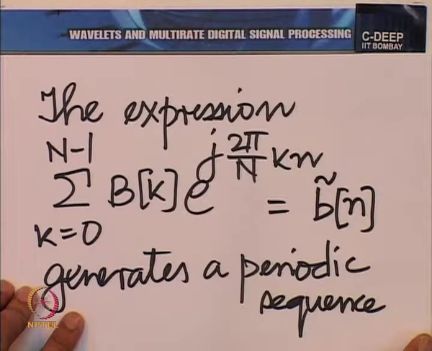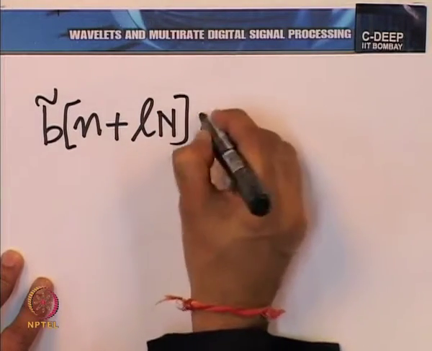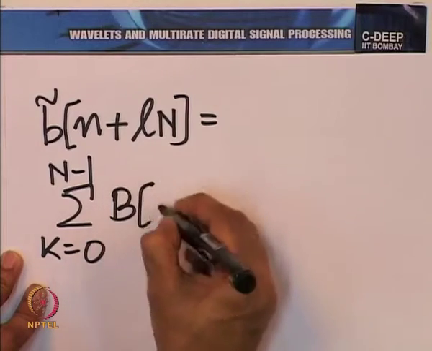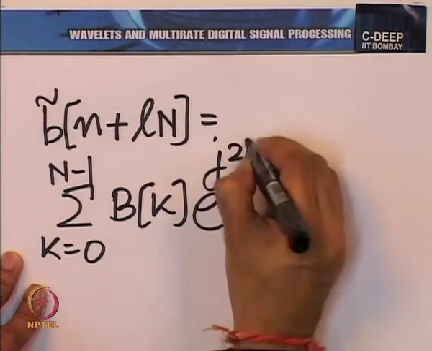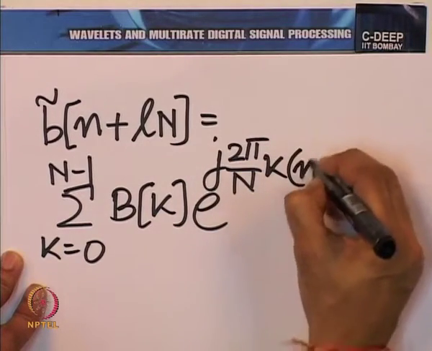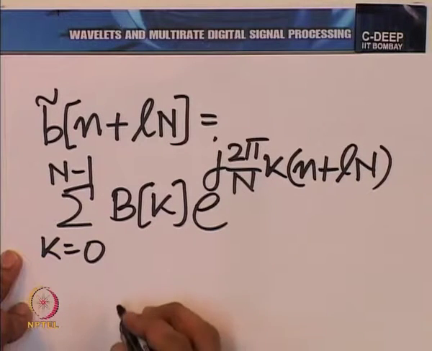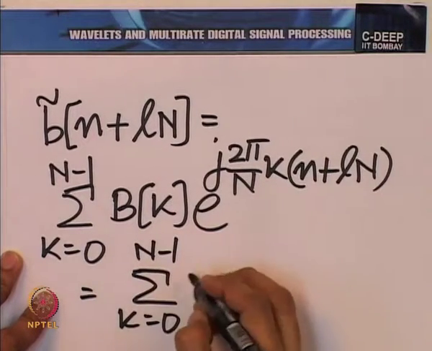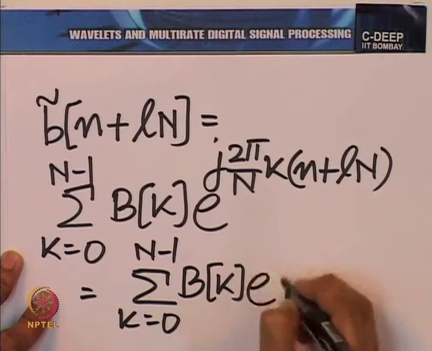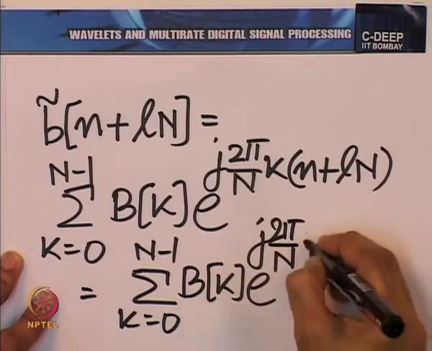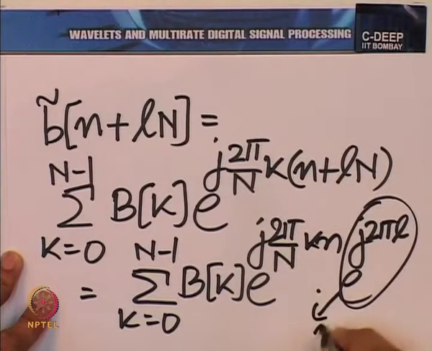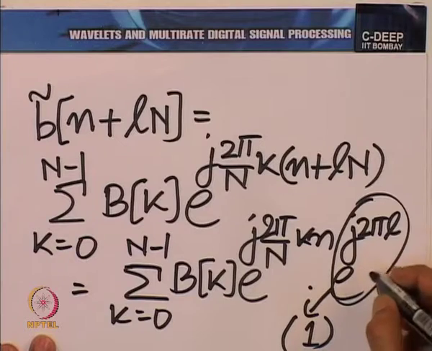It is very clear that B tilde of n plus L times capital N is summation k going from 0 to capital N minus 1, B k e raised to the power j 2 pi by capital N k times n plus L times capital N. This can be simplified: B k e raised to the power j 2 pi by capital N k n times e raised to the power j 2 pi k L, and this is essentially 1.